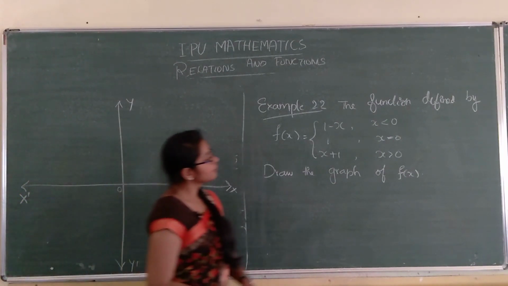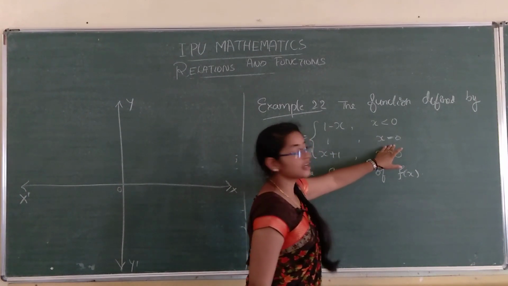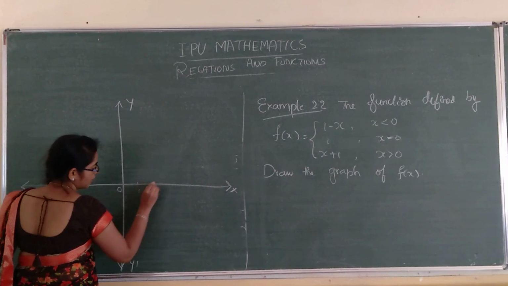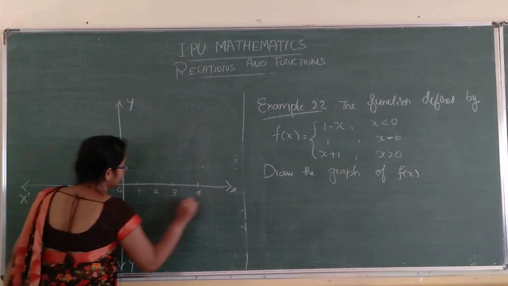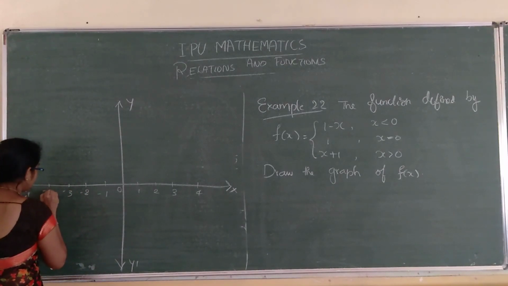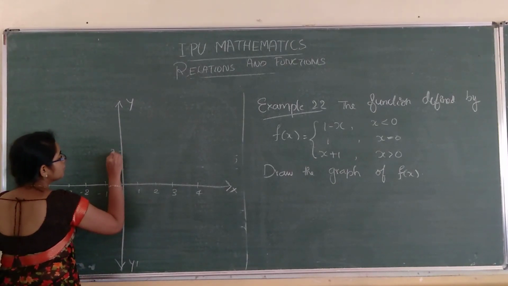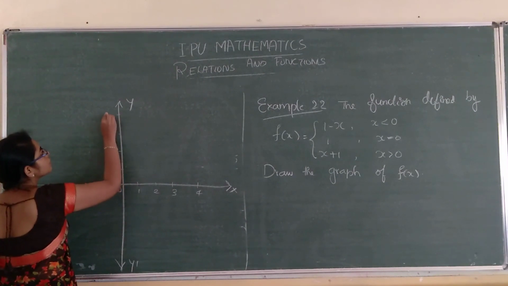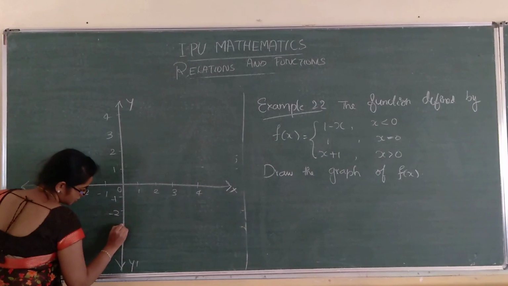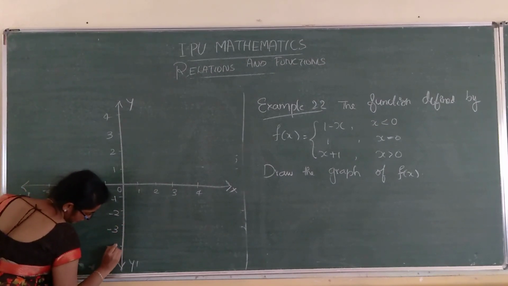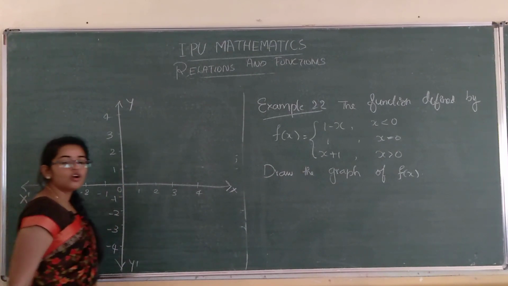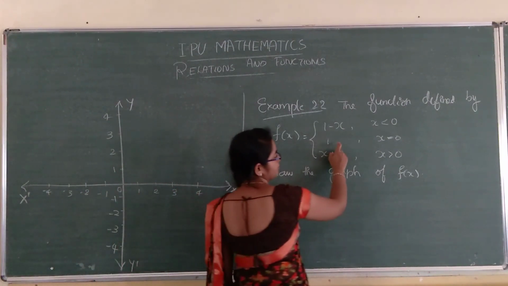For x equal to 0, we have y equal to 1. So 0, 1 is a point.